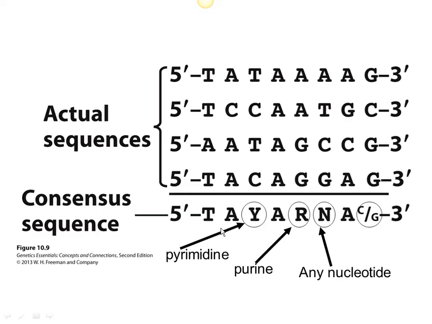So in this example, a T is common at this position, and an A is common at this position, and then here it's some kind of pyrimidine. There's an A here, there's a purine here. This can be any nucleotide. This tends to be an A, and this tends to be a C or a G. So that becomes your consensus pattern for that sequence that might be in front of a certain gene.